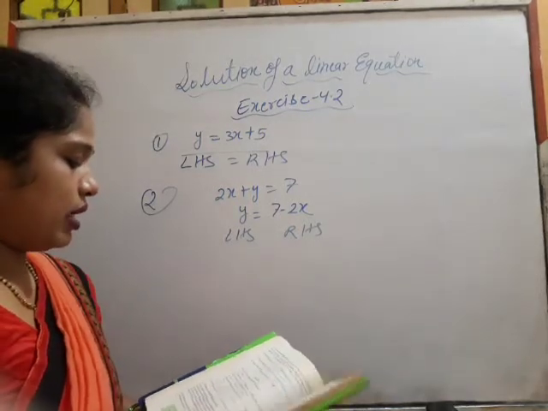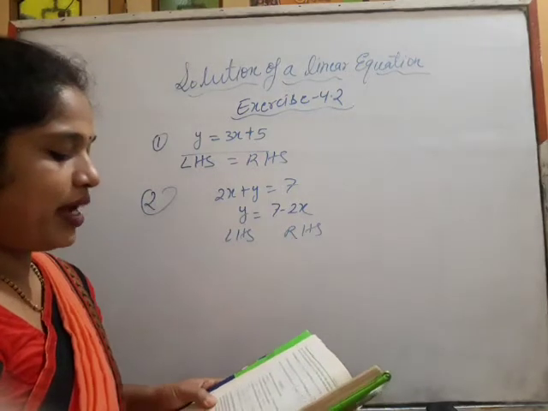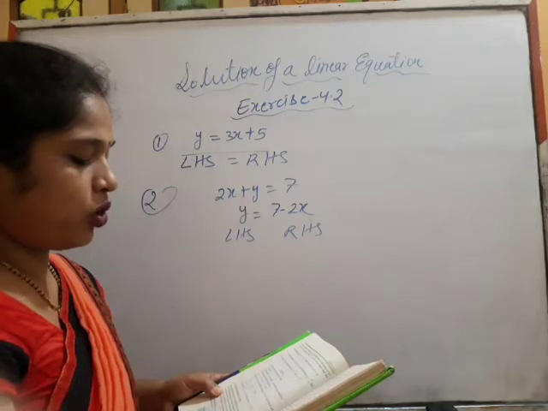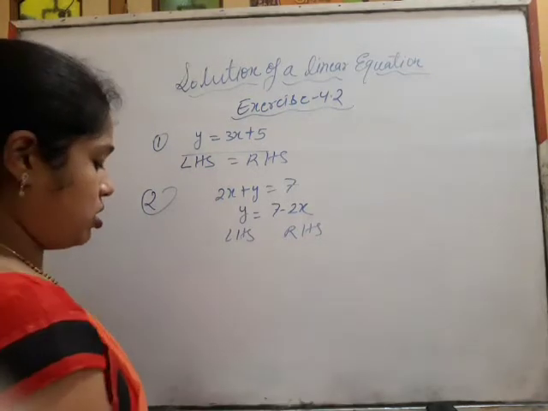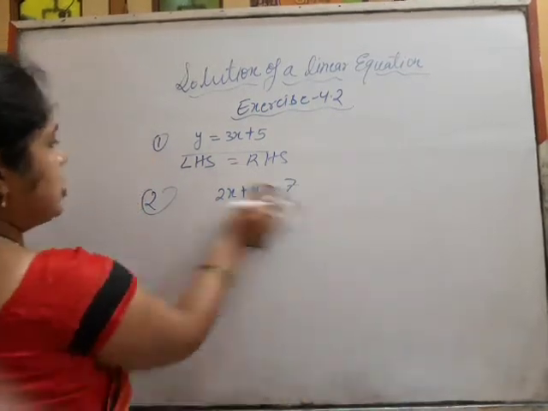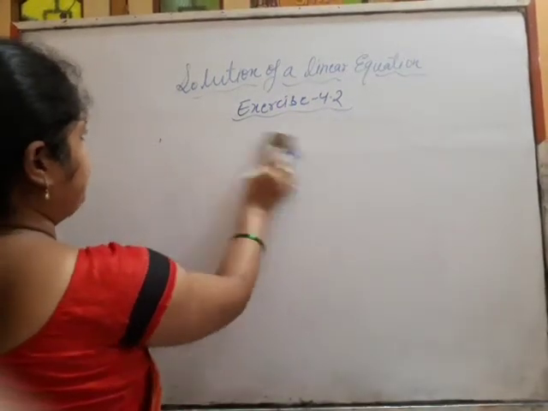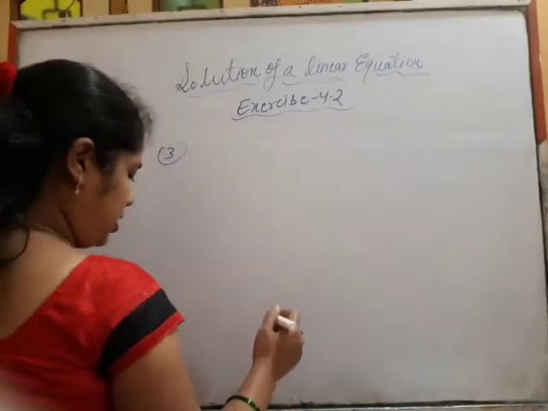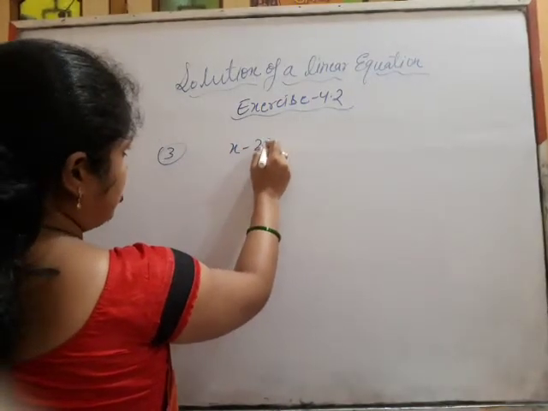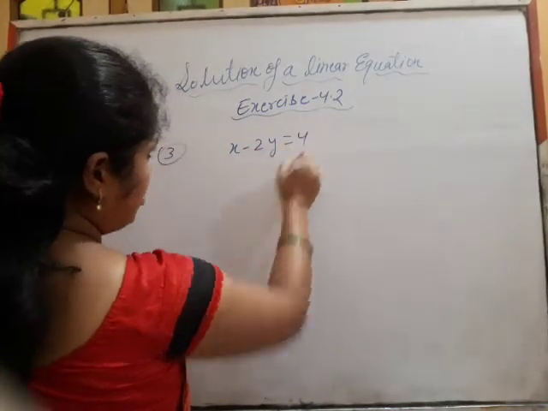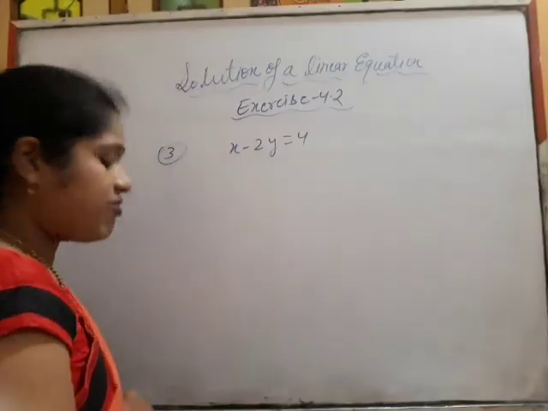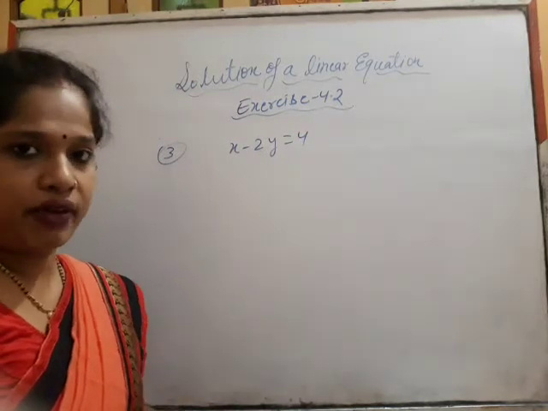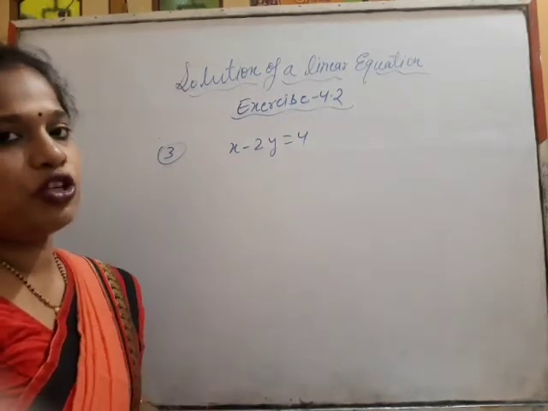Now question number 3. Check which of the following are solutions of the equation x - 2y = 4 and which are not. This is somewhat different. Here 5 solutions are given, meaning 5 different pairs of values of x and y.